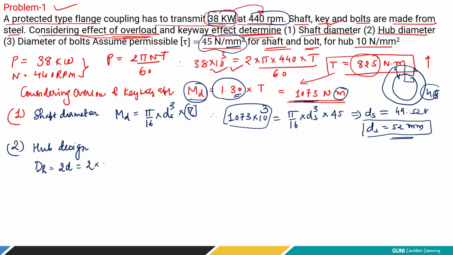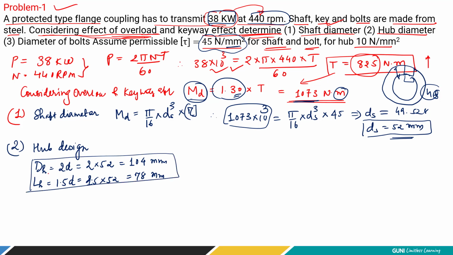So here 2 times shaft dimension is 52, so total is 104 millimeter. Now length of hub is taken as 1.5 times shaft diameter, that is 1.5 into 52, which comes out to be 78 millimeter, right?